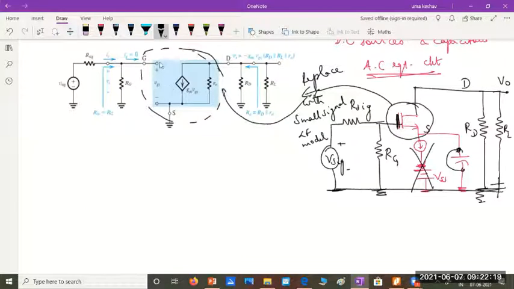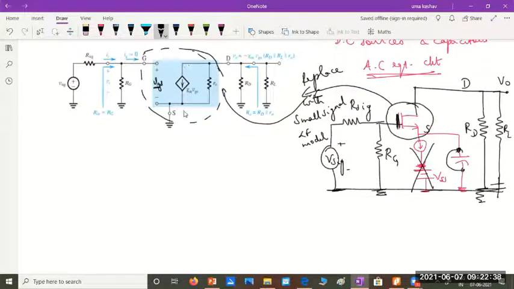What do I have? I don't have anything connected between the gate and source. It indicates open circuit, or very high, infinite input resistance, represented as an open circuit, where the gate-source voltage VGS is applied.